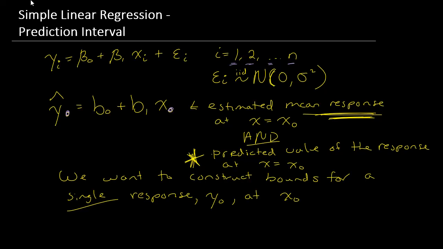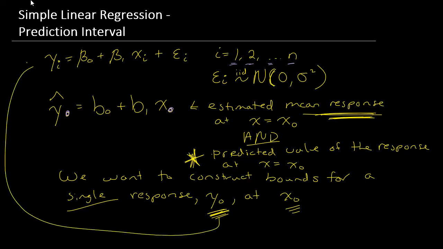So instead of us trying to construct a confidence interval for the expected value of y, which is what we did previously, now we're trying to construct an interval for y naught, right? Which is an unobserved or unknown value of the response variable at x naught. So y naught is coming from up here, if you were to have an naught there instead of an i.